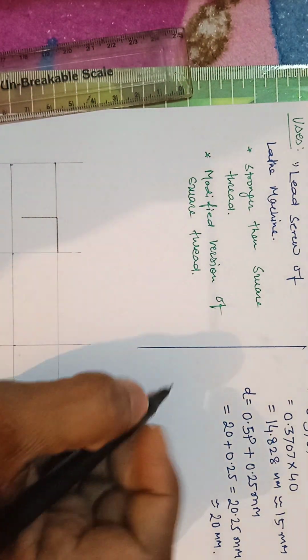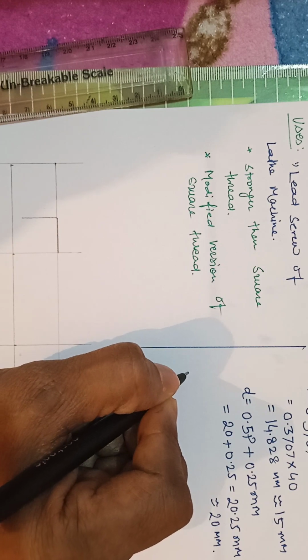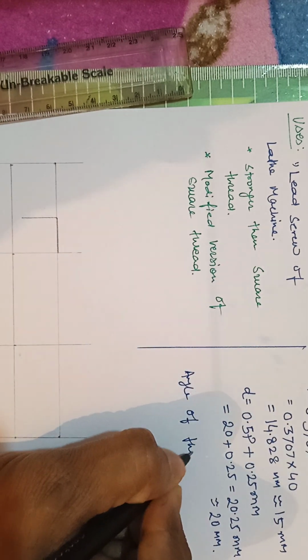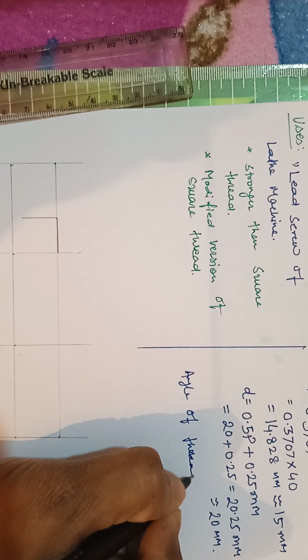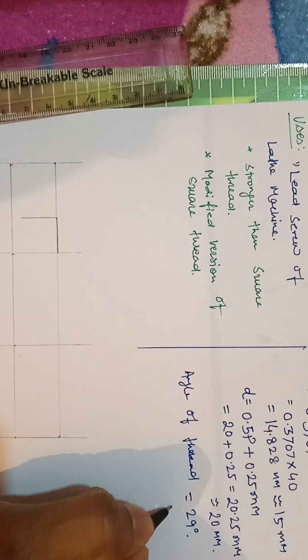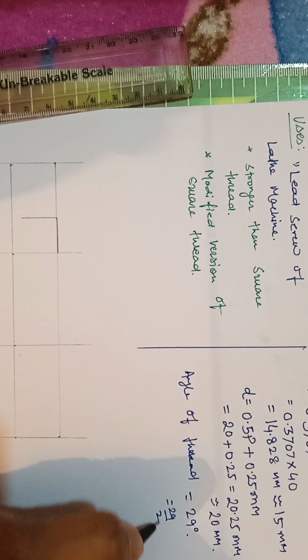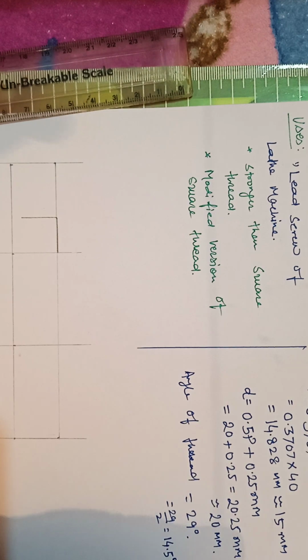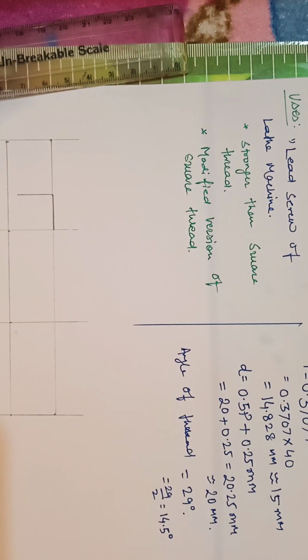In the case of the Acme thread, there is an angle of thread, which is equal to 29 degrees. Half of 29 degrees, if you divide 29 by 2, comes out to around 14.5 degrees.